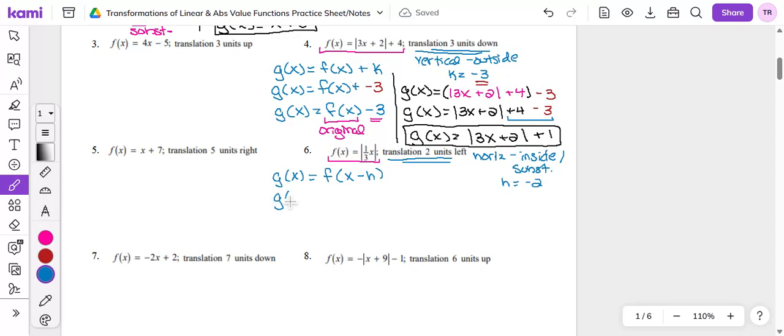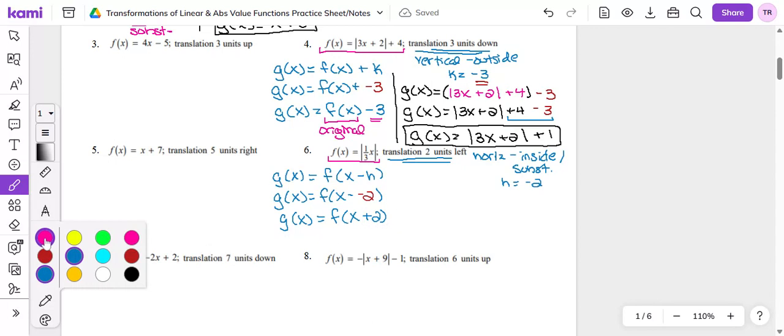Again, I know an h, f of x minus h is a negative 2. And then again, if I clean that up, minus a negative 2 gets us f of x plus 2. Okay, again, this is now a substitution. I am going to substitute this x plus 2 into the x in the function.